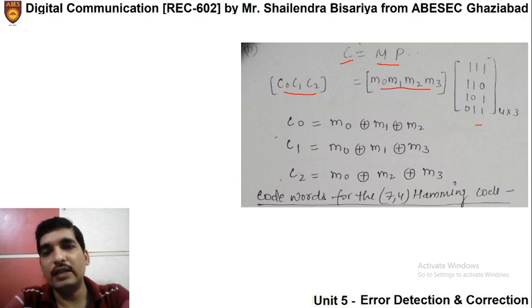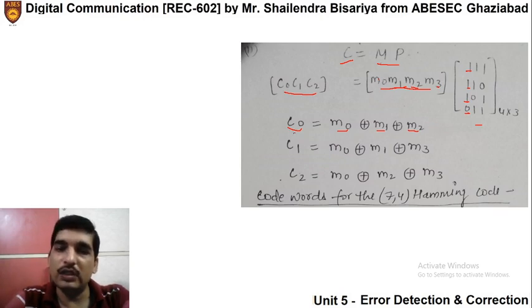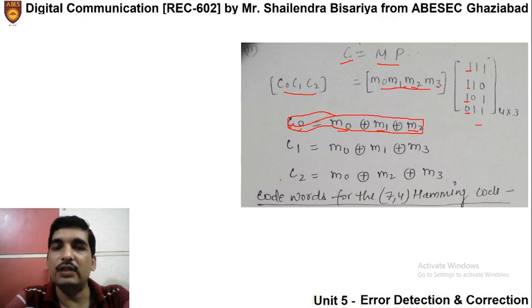So we will say that C0 is M0 multiplied with 1 XOR M1 multiplied with 1, XOR M2 multiplied with 1, but M3 we have neglected because it is multiplied with 0. So C0 is nothing but M0 XOR M1 XOR M2, right? So this is the value of C0.